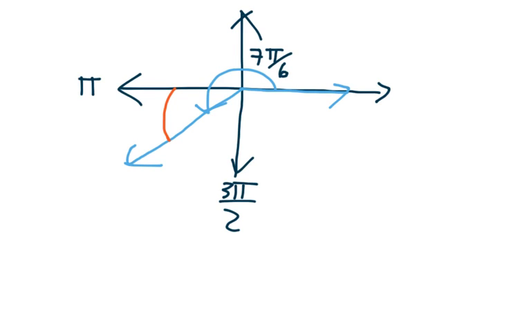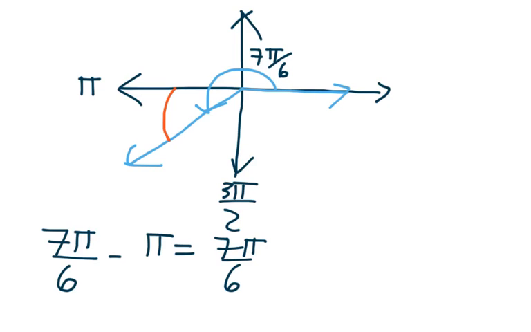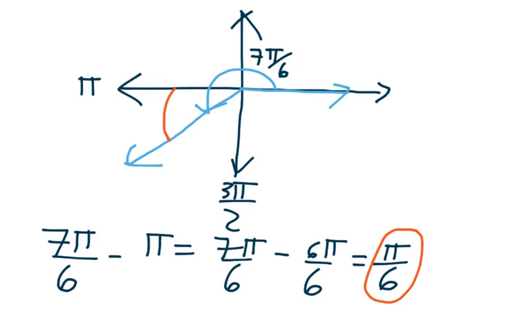Well, that's the angle in red, 7 pi over 6 minus pi, which is 7 pi over 6 minus 6 pi over 6, which is just pi over 6.